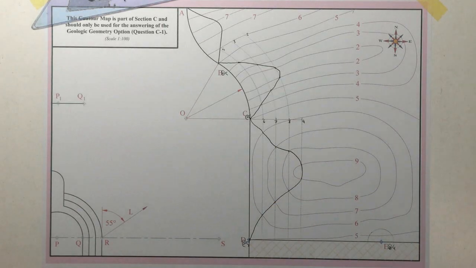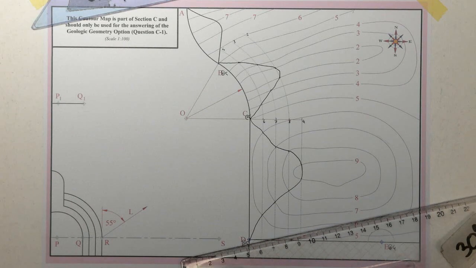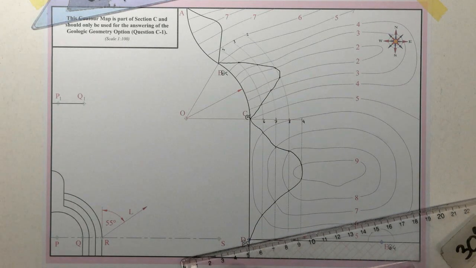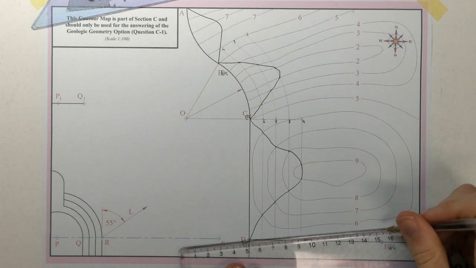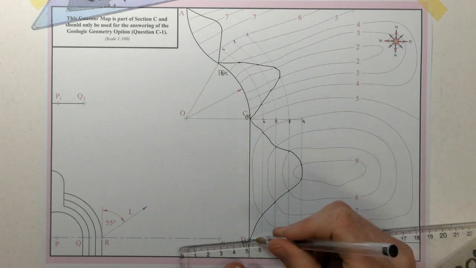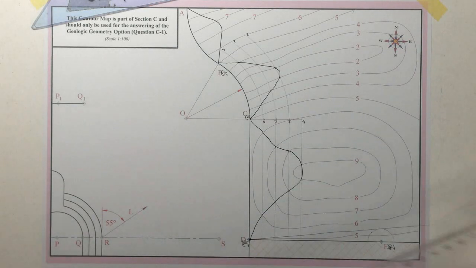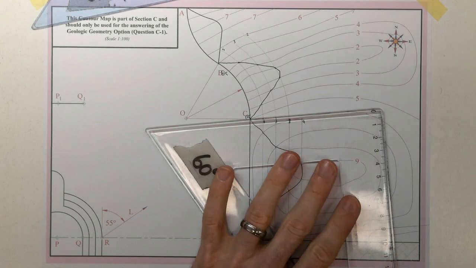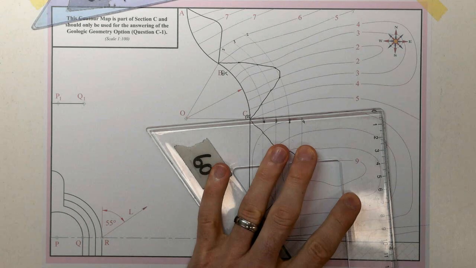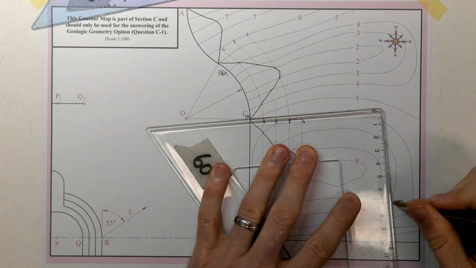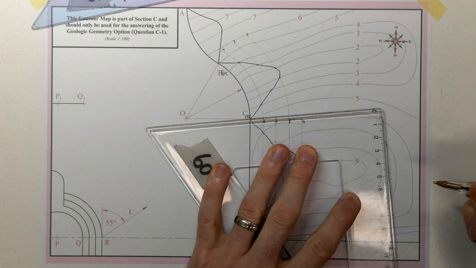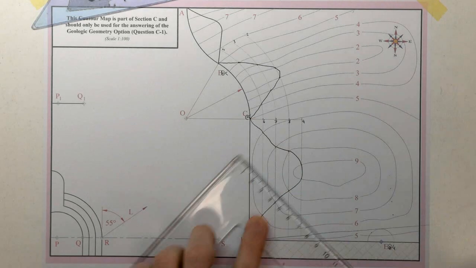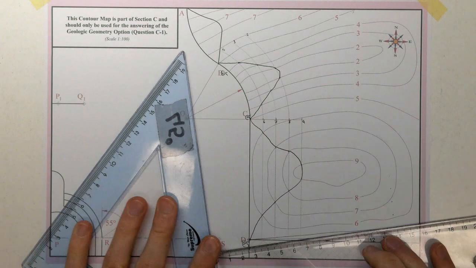I can draw my contour here, and that's at a height of 5. Now I'll go out at 10 millimeter intervals, so 10, 10, 10, one more 10, parallel to that.